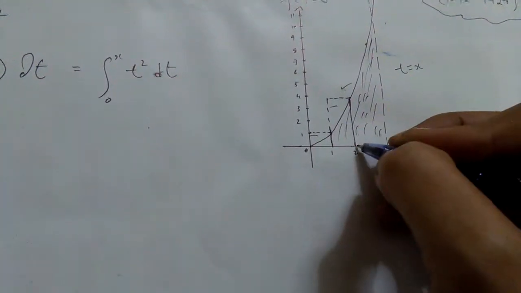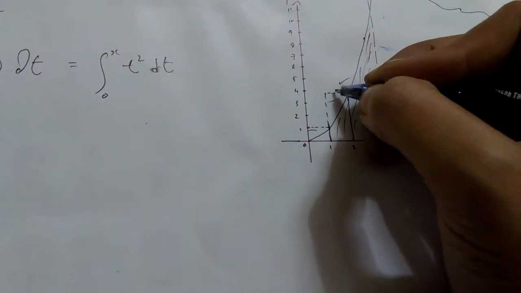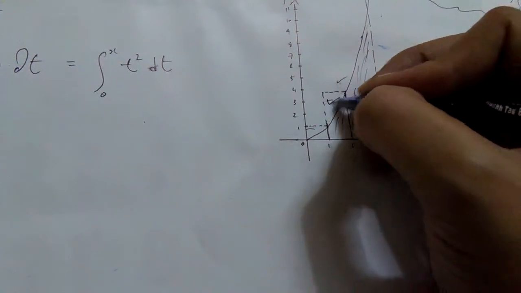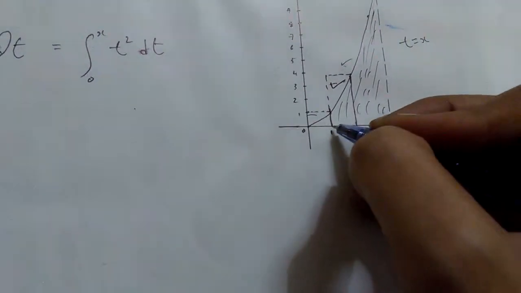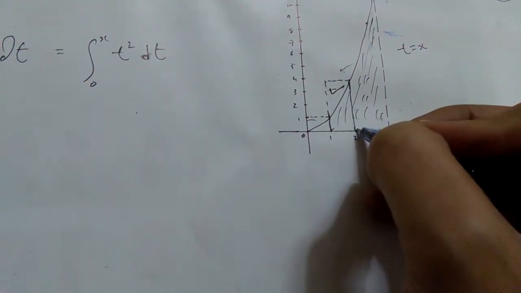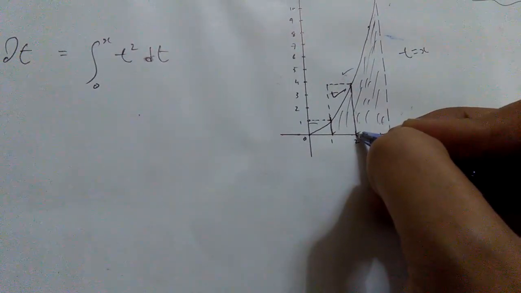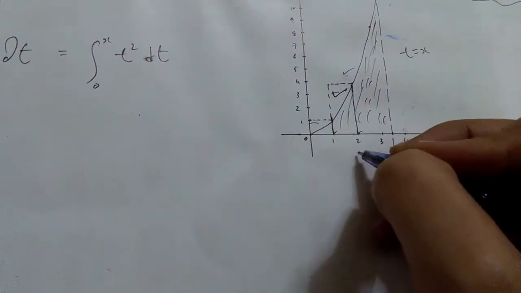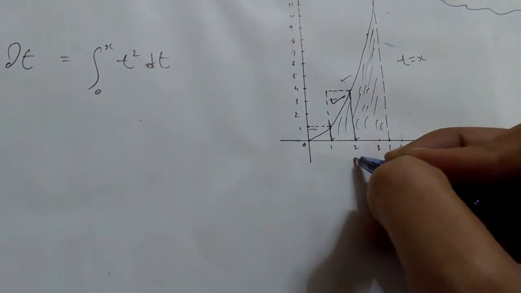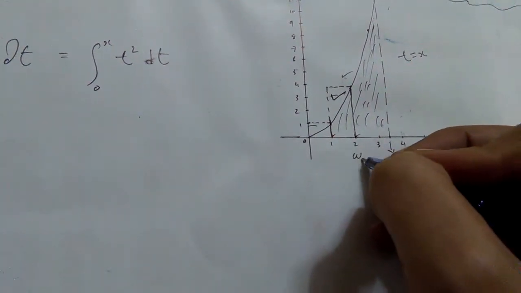I am just considering this rectangle over here right now, and I say that it starts from this point and ends at this point, and I am going to name this end point of this rectangle, for example, wi.